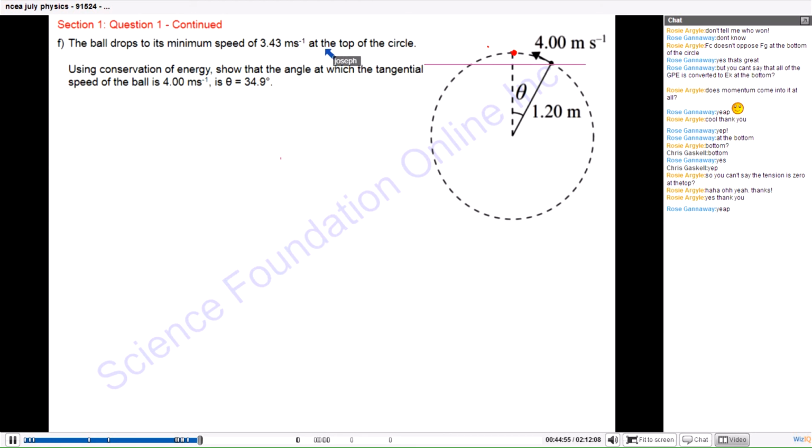Okay, there. Now, you can calculate this height based on the difference in kinetic energy.